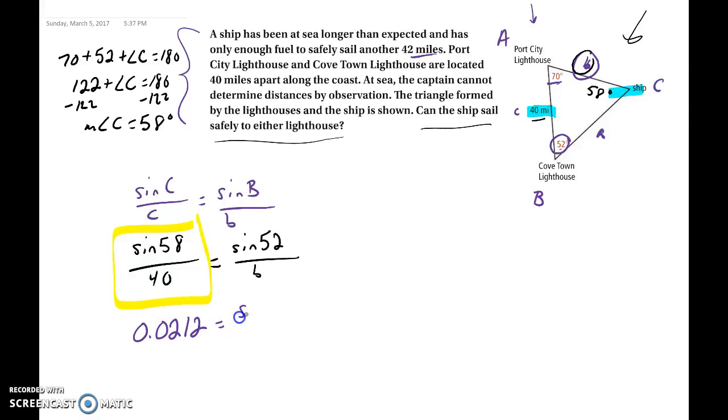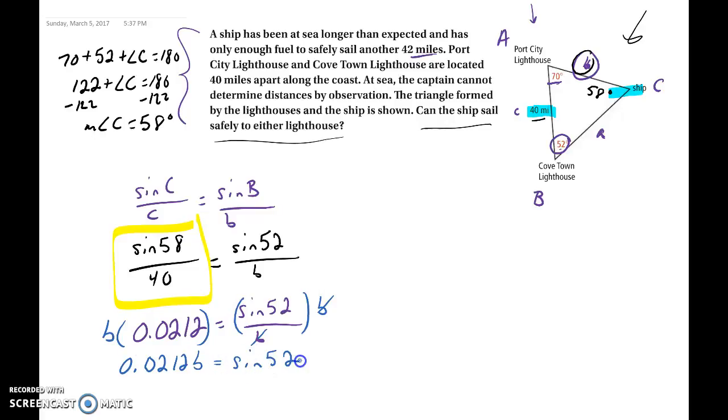0.0212. And now remember, if we want to solve for little b, we then would have to multiply it to both sides. And we get 0.0212b is equal to sine of 52. And then we will have to go ahead and divide each side by 0.0212.